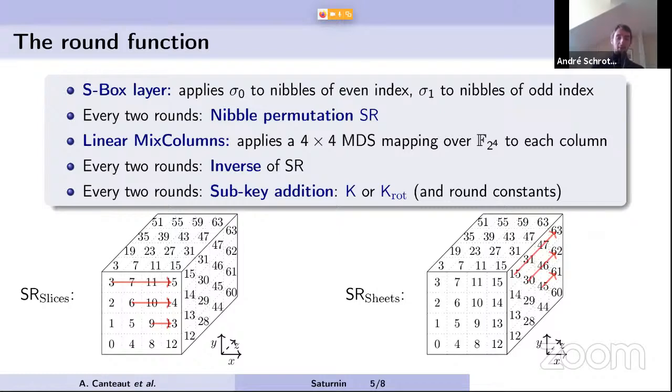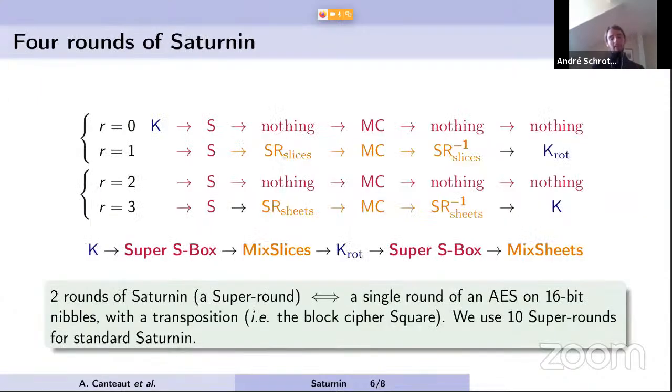If we have a closer look at what it does, looking at 4 rounds of Saturnin, we have these operations: S-box layer, MixColumns, and every 2 rounds a ShiftRows, a nibble permutation in the slices or the sheets. If you flatten the cube and look at all the columns as 16-bit nibbles, the super S-box representation of Saturnin also looks like an AES.